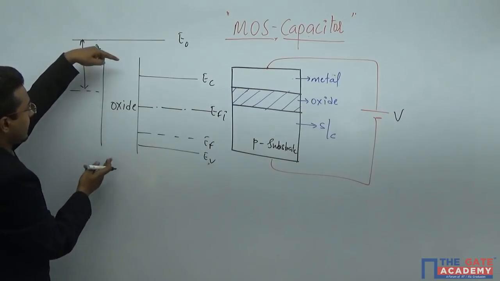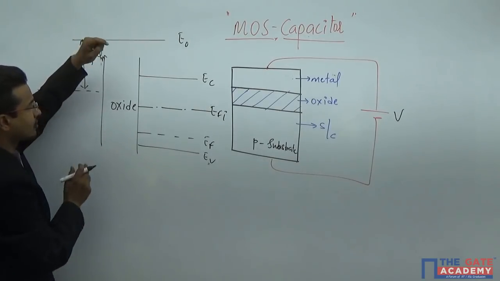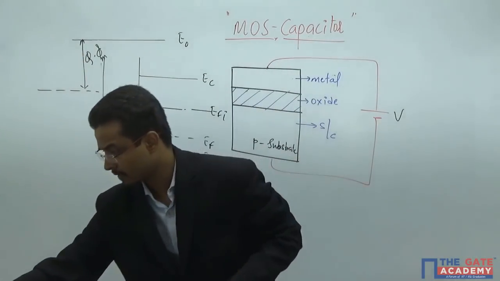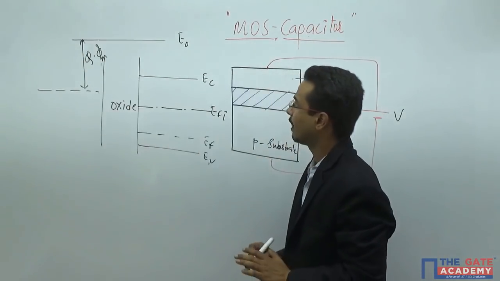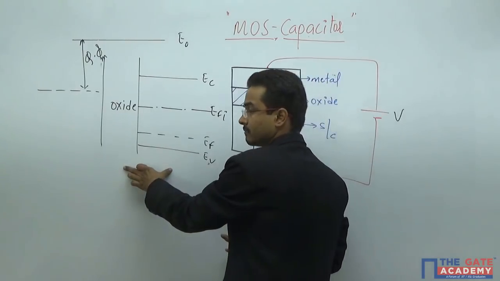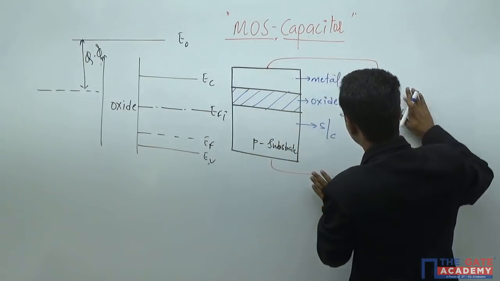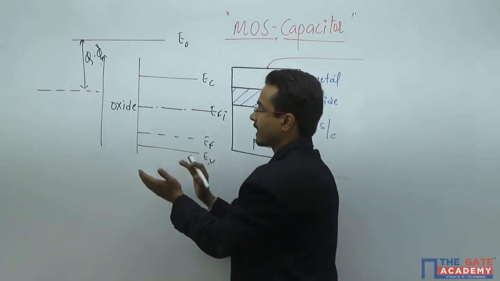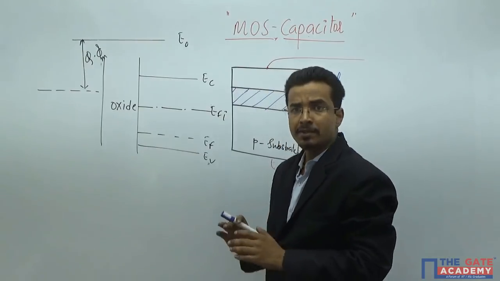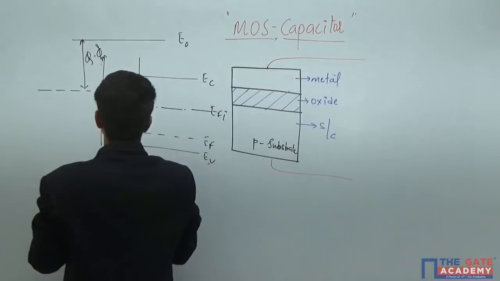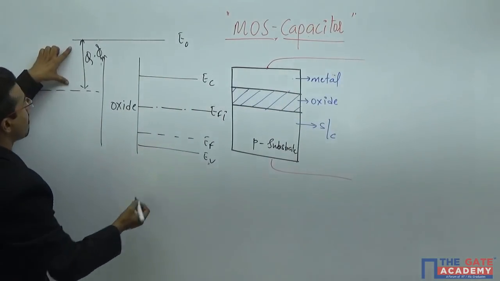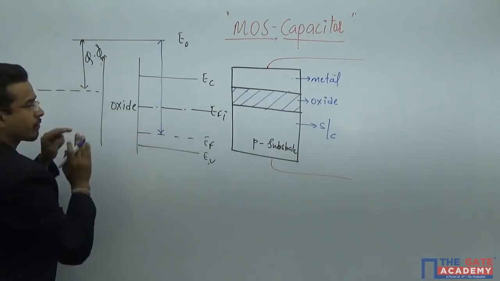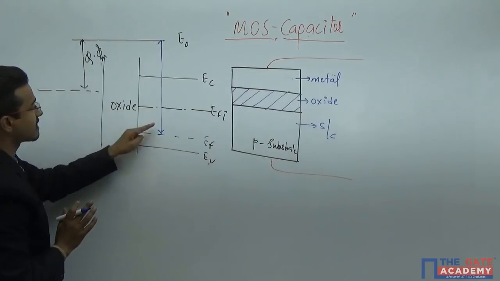Why am I not discussing the energy band gap of the oxide? Because it is so wide. Now this is the energy band diagram without any interconnection, that means an isolated MOS capacitor. You can see there is a work function difference between the metal and the semiconductor.